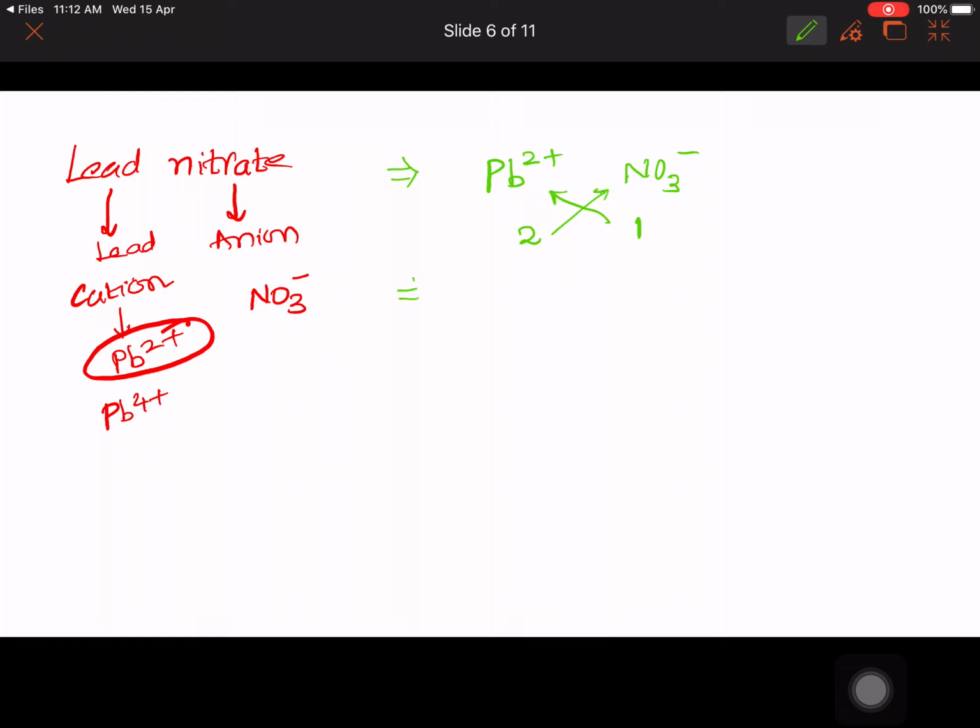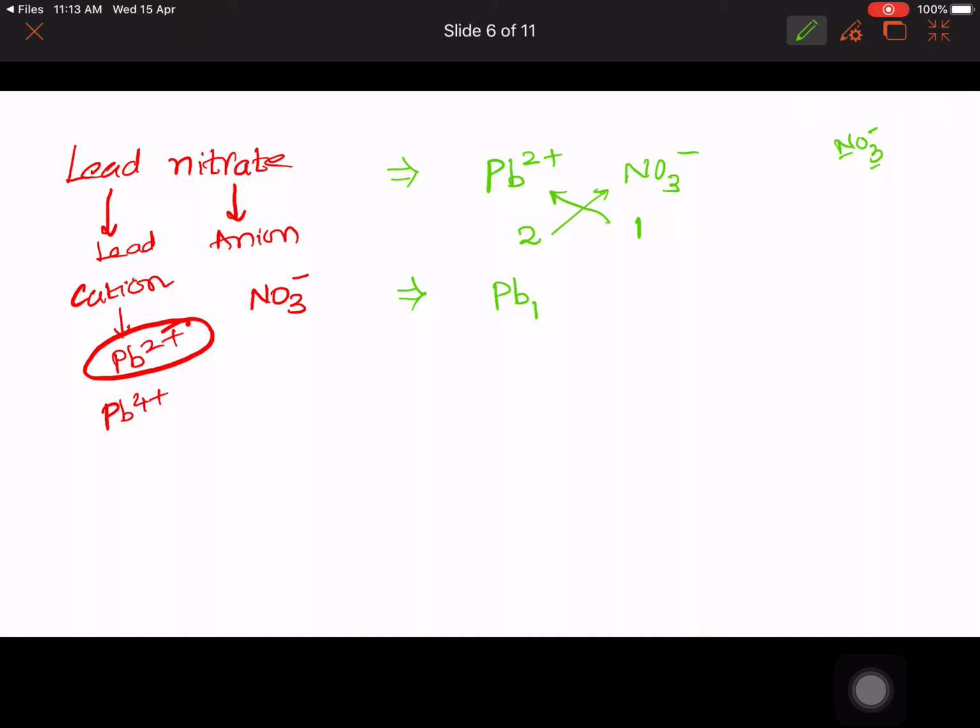Then what you get is Pb taken 1 time, and whenever you are multiplying polyatomic anions, such as NO3 minus, where more than one atom is present in the ion, you have to place that polyatomic ion in parenthesis.